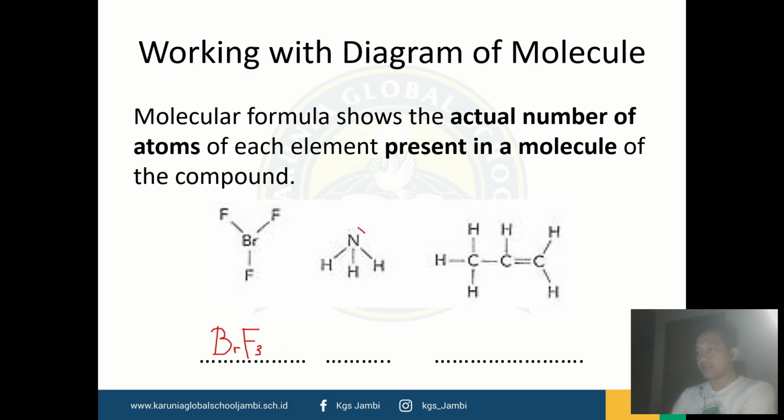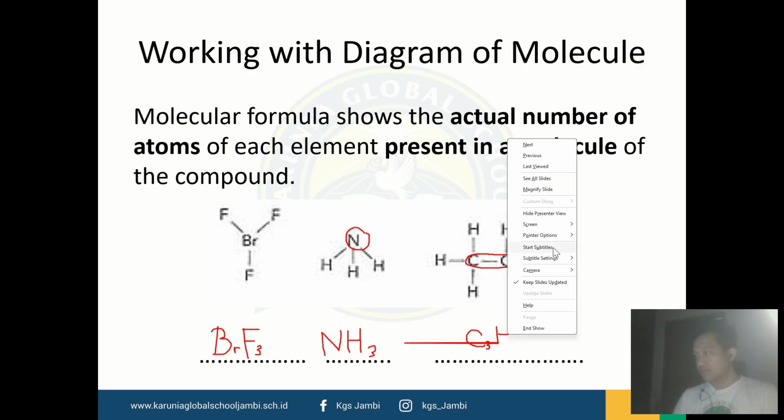And then this one, the center atom is nitrogen, so NH3. In here, the center atom is the carbon, so it's C3H.